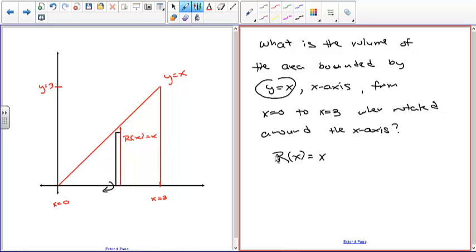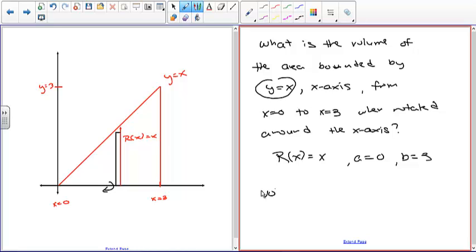So this r of x is usually whatever this curve is that's defining the outer bounds of the outside of the three-dimensional object. So this is like y equals f of x, but it's really r of x because I'm talking about a distance. Okay, so that's r of x. a equals 0, which is the leftmost part of this figure, and b equals 3, which is the vertical line that defines that part.